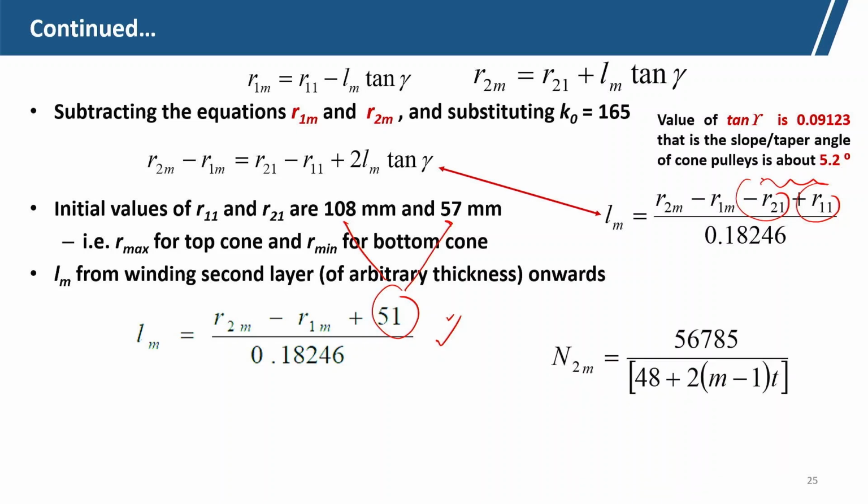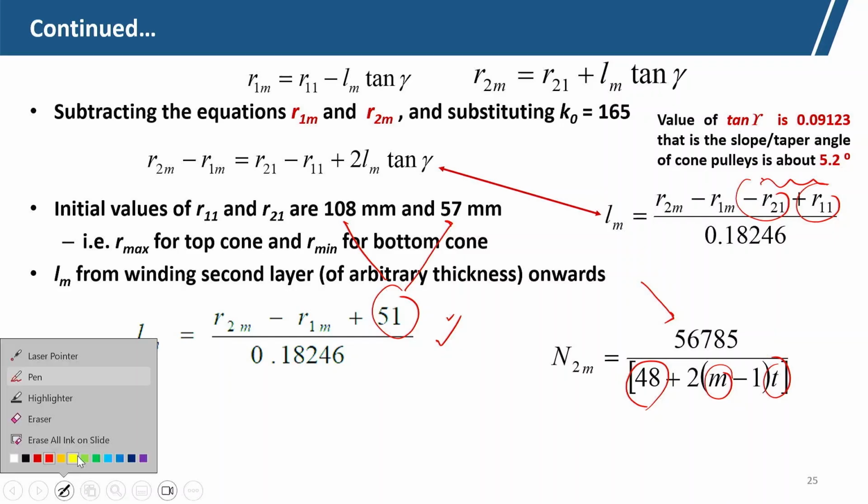and we have already derived this relationship, say N2m equal to 56785 divided by 48, bare bobbin diameter, where m is the mth layer and T is the thickness of the roving.